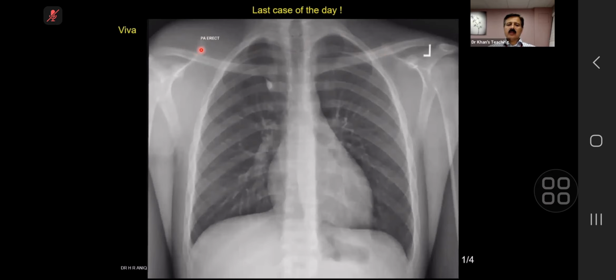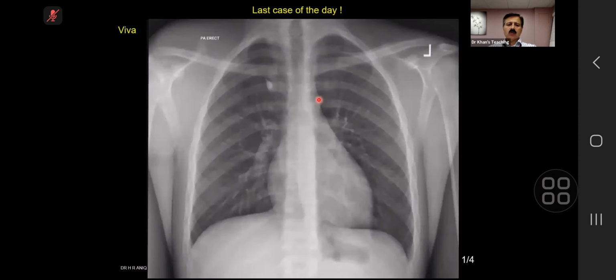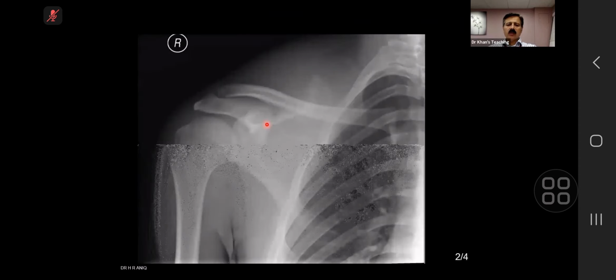So there is something happening, a bit of permeation, expansion, or destruction. Once you pick it up, I'm showing you a close-up. There is a bit of a technical problem here, but just to make the point that this is the soft tissue, and here was the bony destruction. This is too easy, of course, but here it becomes a bit difficult.